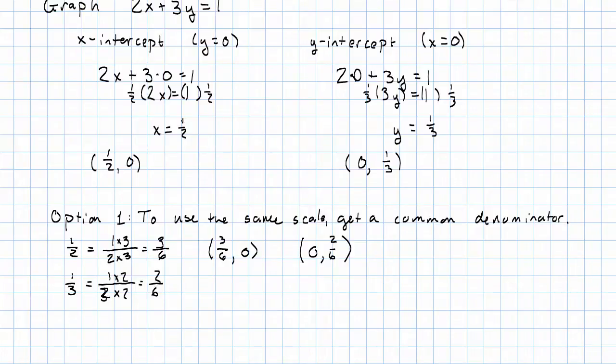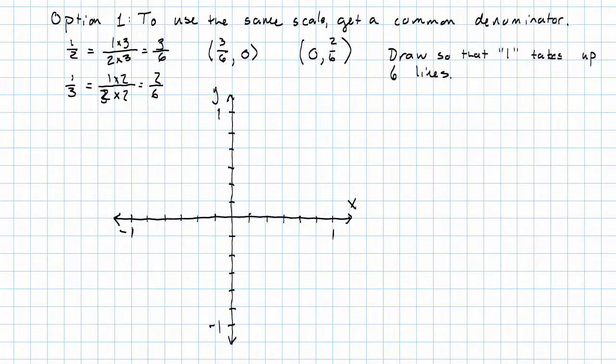That is, I'm going to draw this so that 1 takes up 6 boxes. So here are my axes. I haven't actually labeled all of the sixths, but I can count them out, right? 1, 2, 3, 4, 5, 6 to make up one whole unit.